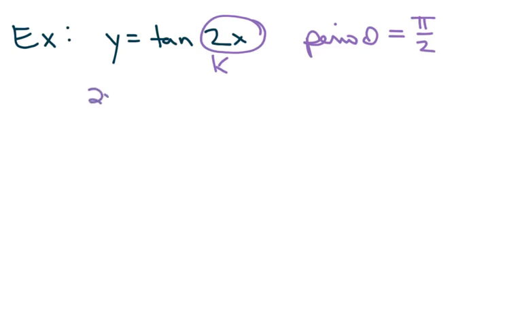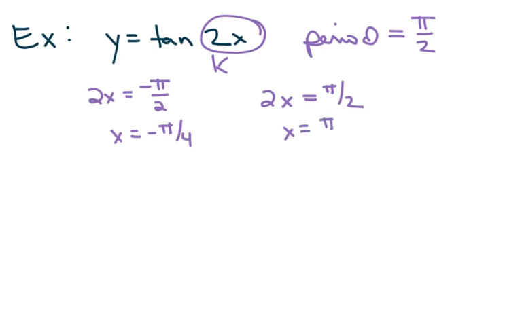So what we're going to do is set that quantity equal to negative pi over 2 and solve for x. And I'm going to get negative pi over 4. And then I'm going to set that quantity equal to positive pi over 2. What I'm doing is setting that quantity equal to each end of the period. Alright, so then I'm going to get x is positive pi over 4.